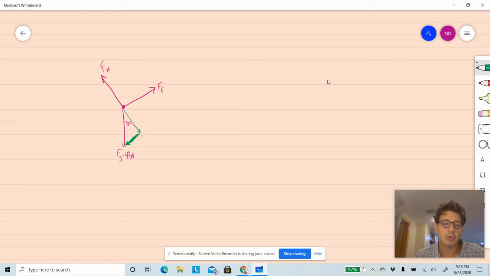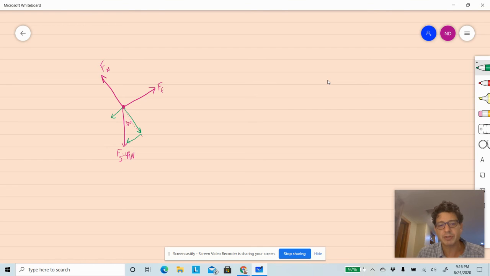Some of it is opposing. Let's see, might be better to draw it. Some of that is in that direction, some of that is in that direction. We're going to break this into its two pieces. I typically draw it there. So that piece and that piece are the same arrow, right?